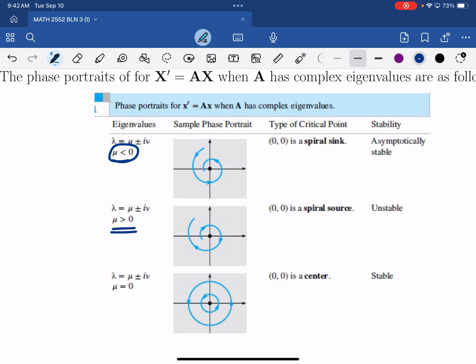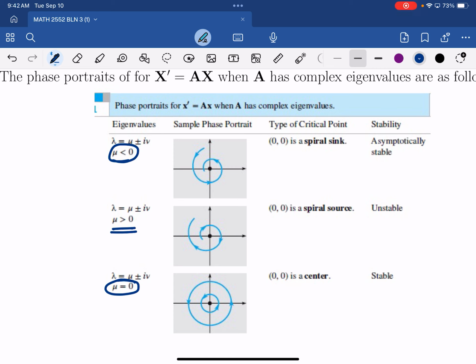It's a repeller. Now, if the real part is 0, that means your eigenvalue is purely imaginary. That means it's not going to 0. It's not going away from 0. It's circling around the critical point at a certain distance. The distance doesn't change. It's like cruise control. Once you set it at 60, it remains at 60. Do you understand it? So something like that, and it's going in a closed loop around the critical point.